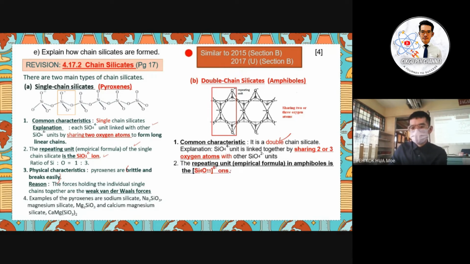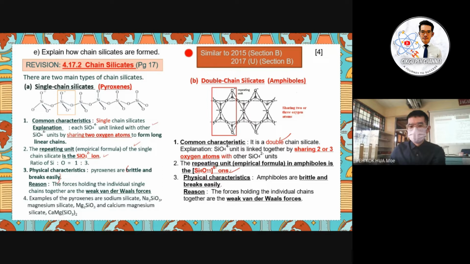And then again, you have to know their repeating unit, which is the Si4O11 6-. Physically, the physical character will also be the same, brittle and break easily, because they are also held together by the weak van der Waals forces. And give the example here, asbestos.